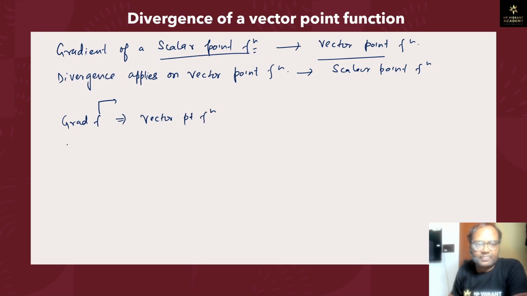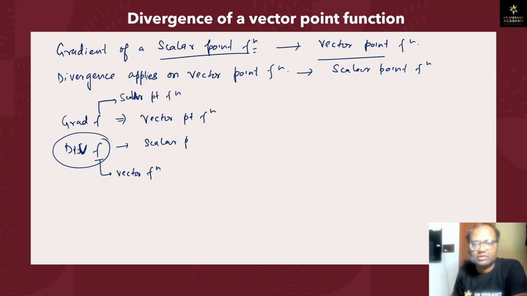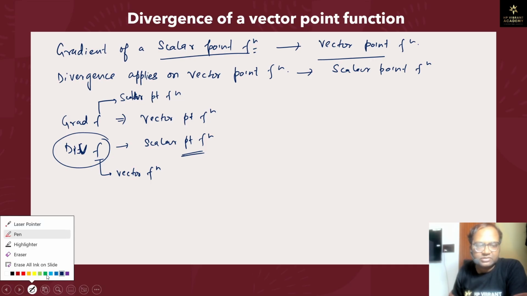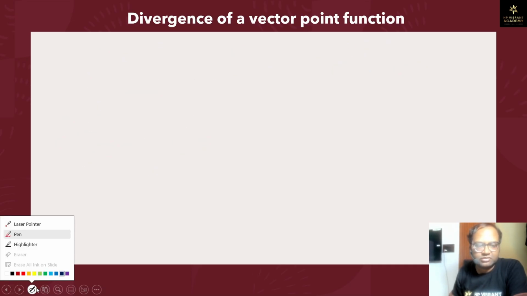And for divergence of f, f is a vector point function, and the result of divergence of f, after application of divergence on a vector point function, is a scalar point function. This we have discussed in detail in the last lecture. So let us start the discussion on the divergence.